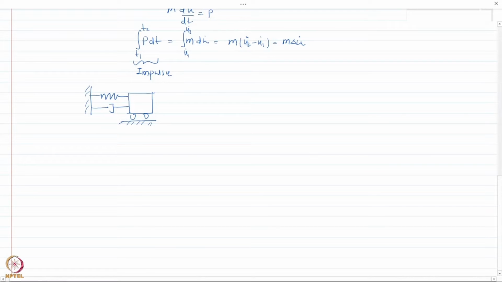If I can calculate the magnitude of impulse, that would lead to the change in momentum. Let us say this is a unit impulse, applied at time t equal to tau. I will draw that figure again here.